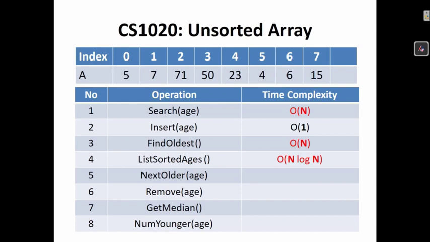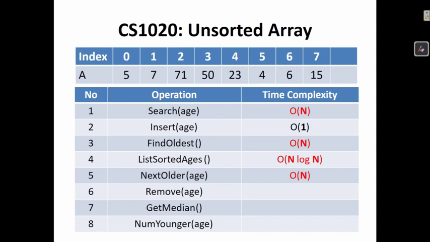One simple way is this: I go through the entire array and only look at those that are bigger than this age, because I want the next older one. Then I find the one where the difference between that age and this age is the smallest, among all those bigger than this one. Then that age must be the next one older than this. So this one is also O(n) time: go through the entire array.